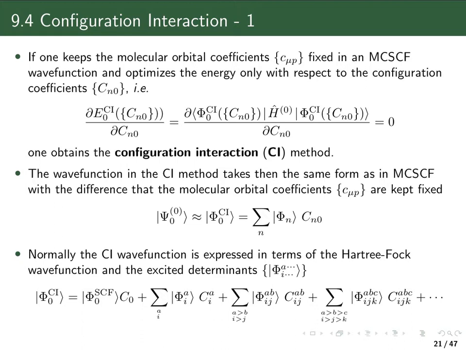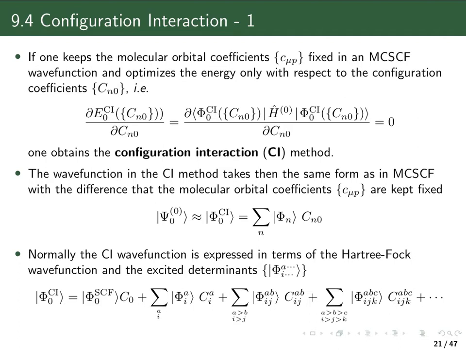The configuration interaction wave function is also a linear combination of Slater determinants, but here we do not optimize the molecular orbital coefficients. So one generates a set of determinants by using a fixed and unchanged set of molecular orbitals.